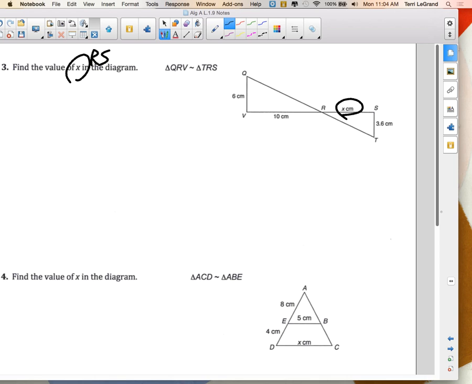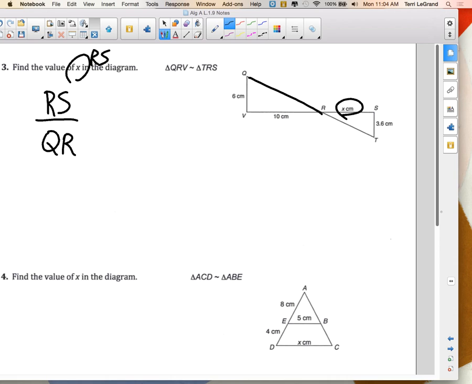So let's just start right away. RS has to be in our proportion. So what side does RS correspond with? From the other triangle. The what? QR. So this one right here. Okay, let's double check in the name.